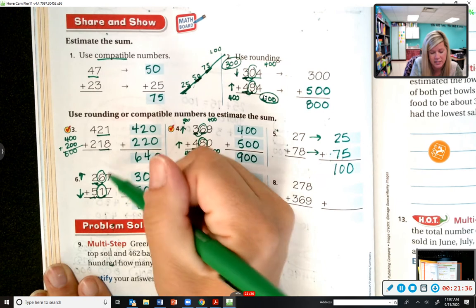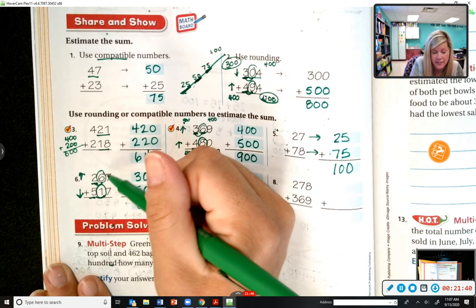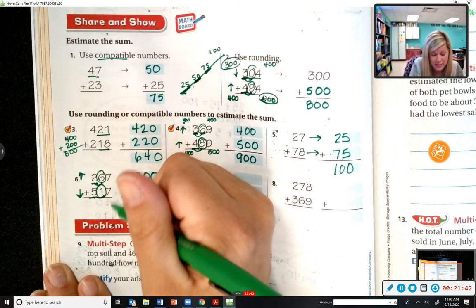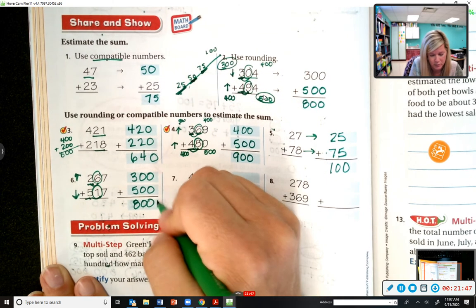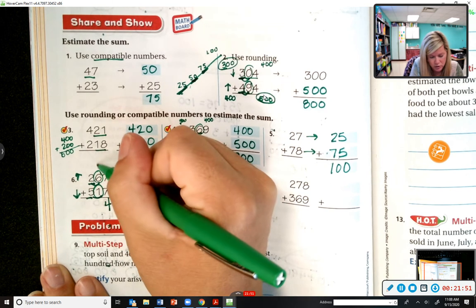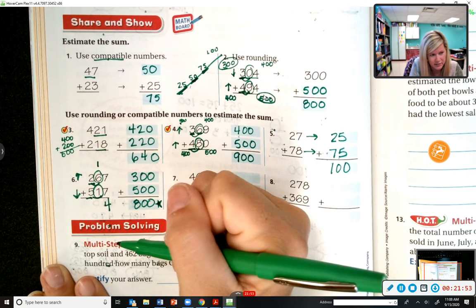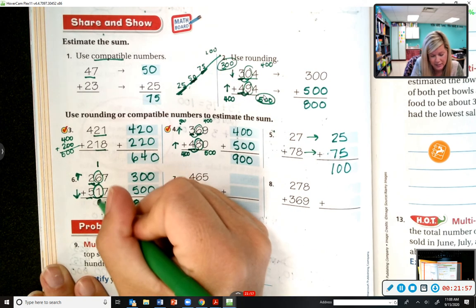Now let's see if my real sum, the answer to an addition problem, is close to my estimate. Okay, we got 800. 7 plus 7 is 14. Make sure you carry that 1. We can't put it down there next to it. 1 plus 6 plus 1 is 8.